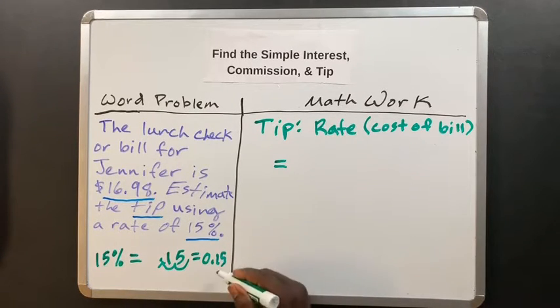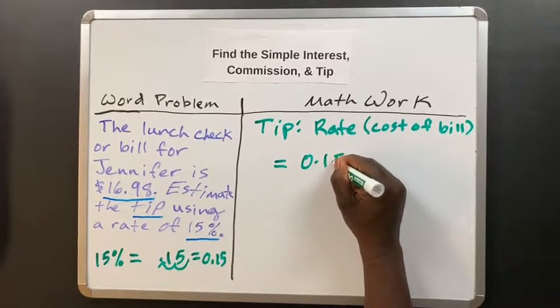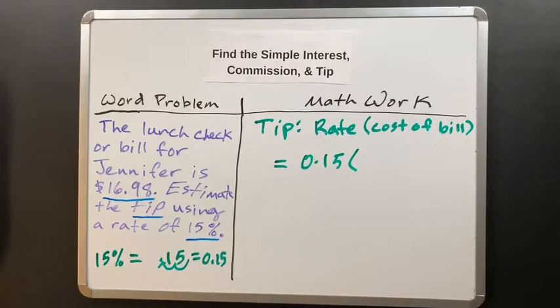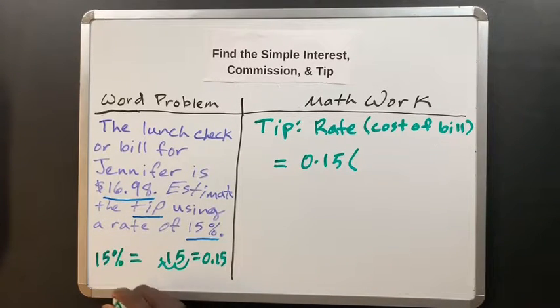So we know the rate is 0.15, so that's 0.15 multiplied by the cost of the bill. Now, it says estimate, right? So we can estimate, we can round this 16.98, and that means approximately, we'll round it to 17, right?